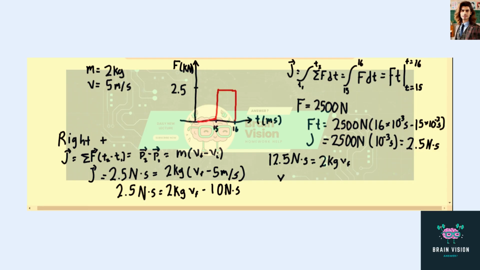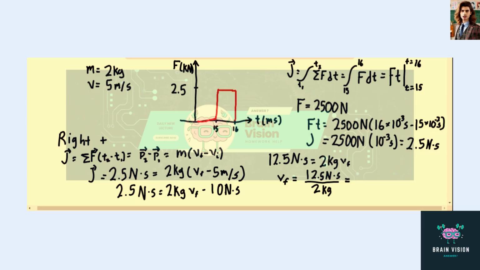To figure out what v sub f is, in the case when the stone is struck from the right, we simply divide 12.5 newton seconds by 2 kilograms. This nets us an answer in meters per second.